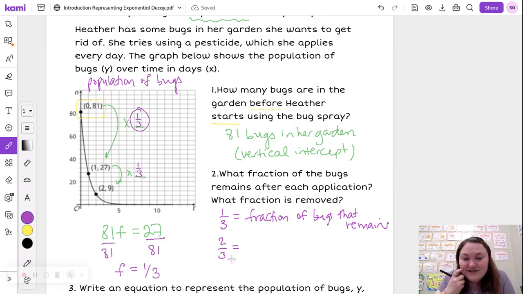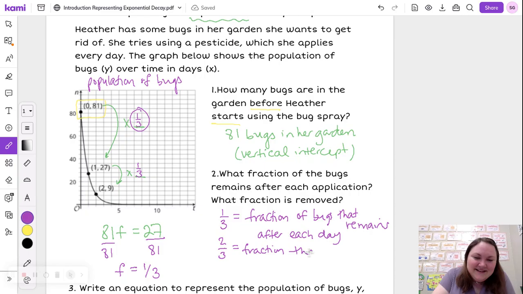Our other fraction then, 2/3, if 1/3 of the bugs remain after each application or each day, that means 2/3 is the fraction that is removed by that pesticide each day.